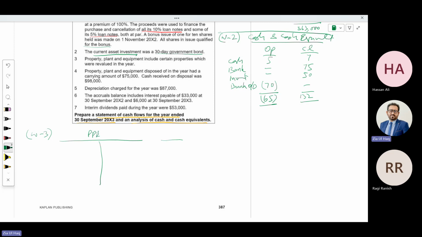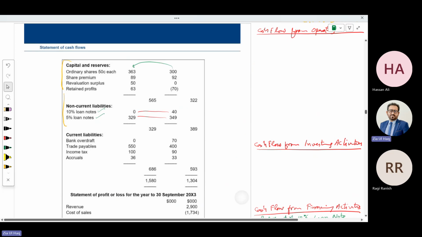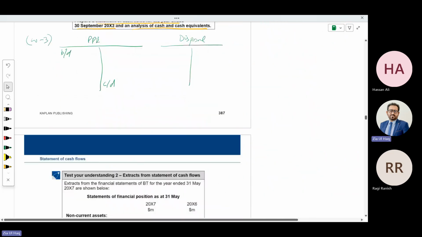And if there is disposal, we need to open an account for disposal. Property, plant and equipment brought down balance and carry down balance we have in the question. How much? 510 and 634.